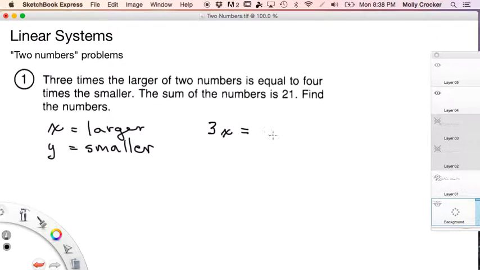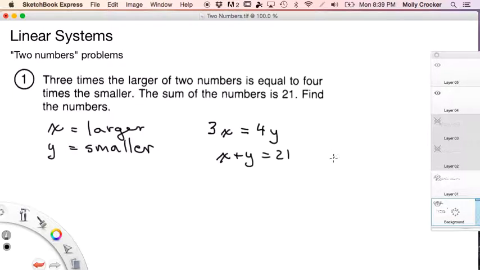We said it with a y. How do we say 4 times the smaller? 4y. The sum of the numbers is 21. Well, what do we mean by the sum? That means to add. So we're going to add those two numbers, and x plus y equals 21.